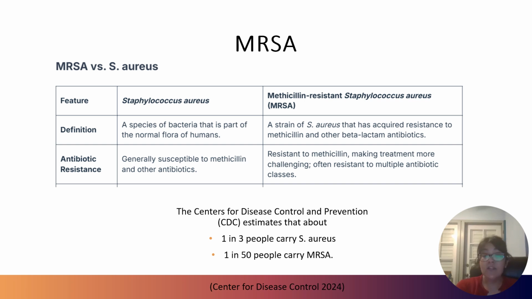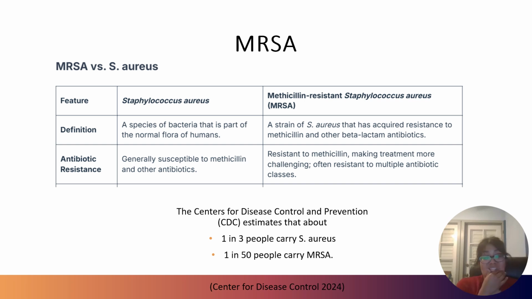It's still Staphylococcus aureus, but the biggest reason that it is categorized differently is because it's going to be highly antibiotic resistant. So we have the same species, but one of them has acquired resistance to antibiotics.